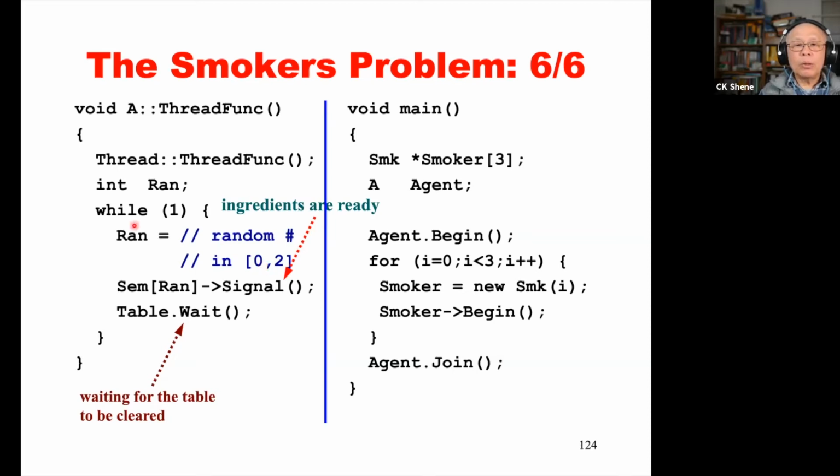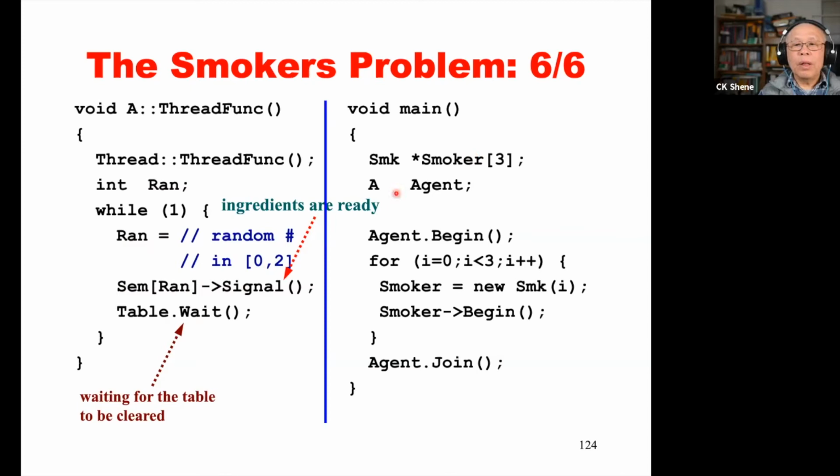Once this random number is generated, the agent signals the corresponding semaphore and waits. Once the table is cleared by the corresponding smoker, the agent runs the next iteration. So this is the main program.